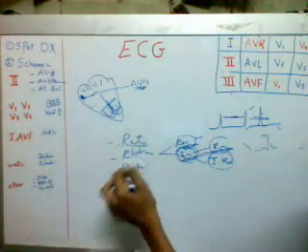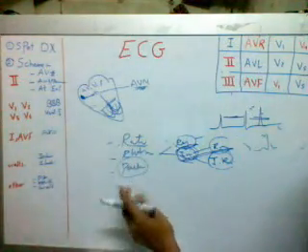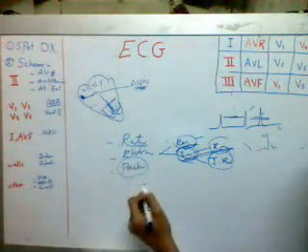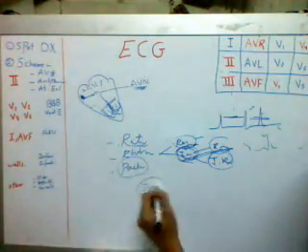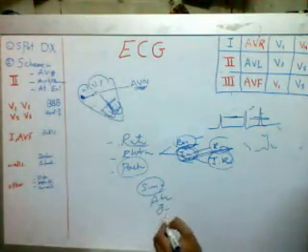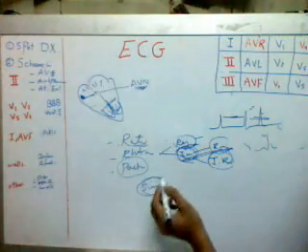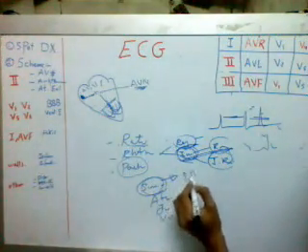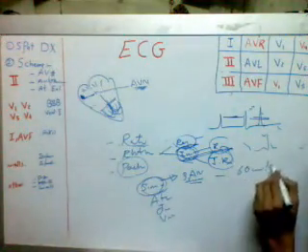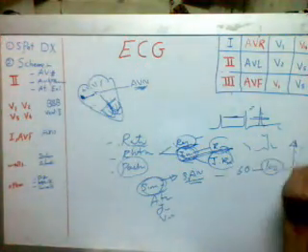And we have the pacemaker. The pacemaker may be sinus, or maybe atrial, or maybe junctional, or maybe ventricular. Sinus: the pacemaker is the SA node, between 60 to 100. If it's over, it is called tachycardia.